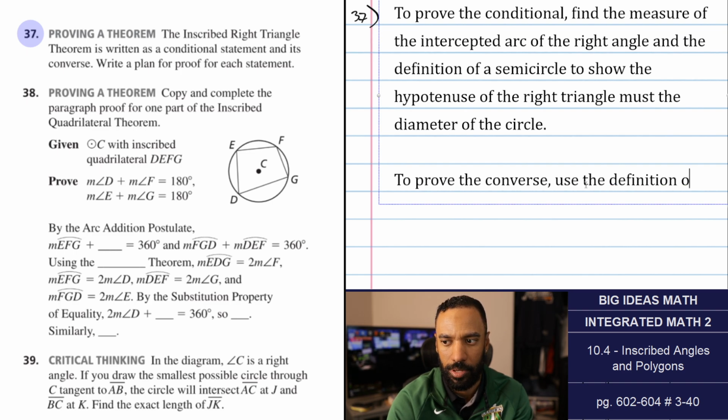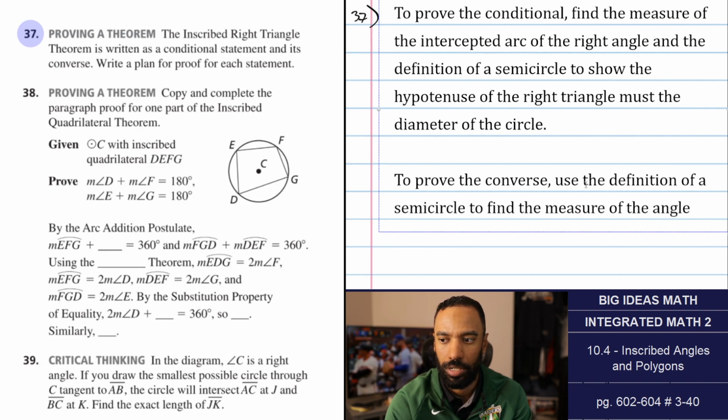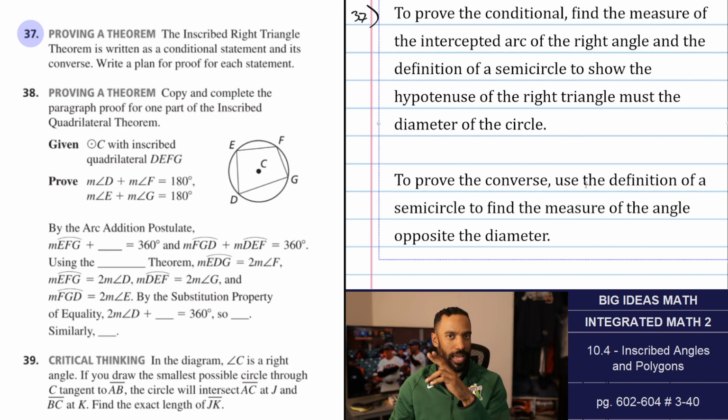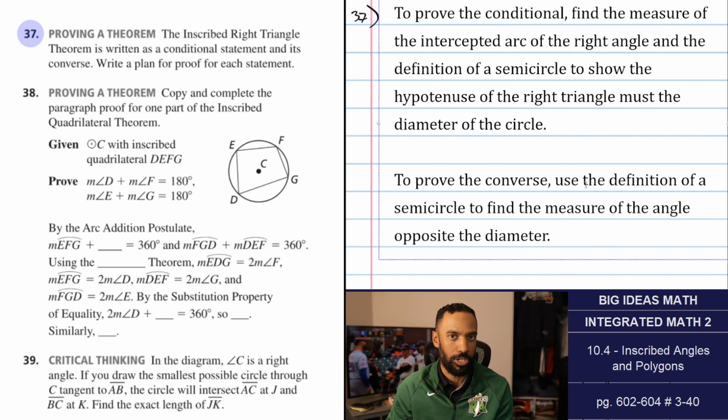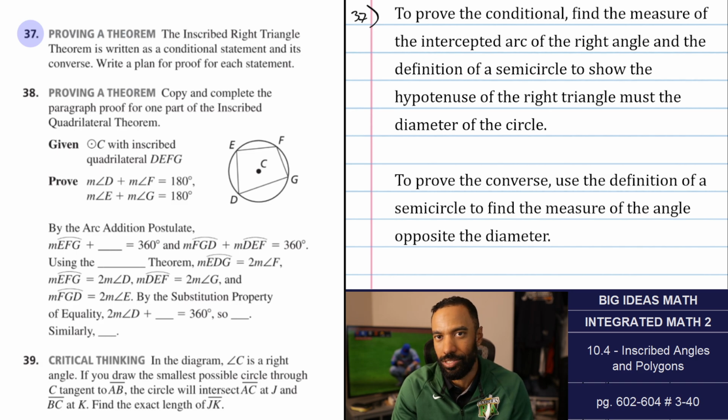Use the definition of a semicircle to find the measure of the angle opposite the diameter. This time you just go straight into that inscribed angle bit. You just take half the measure and it'll be 90 degrees. And if it's 90 degrees, then it's a right angle. Then you have a right triangle. So that's the plan for proof. We don't actually prove it itself, it seems.